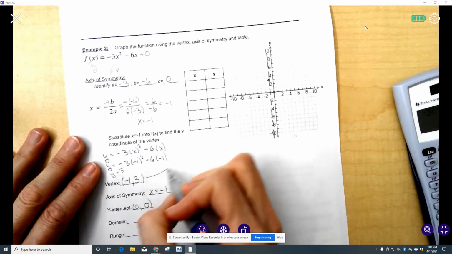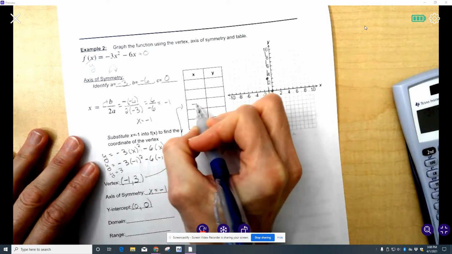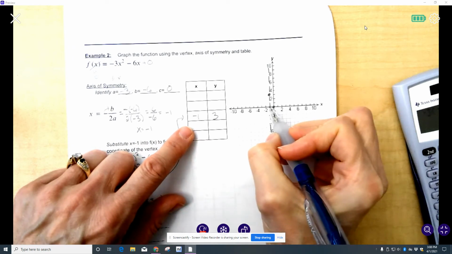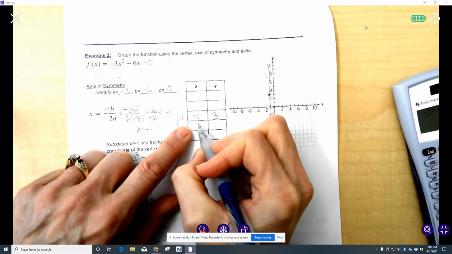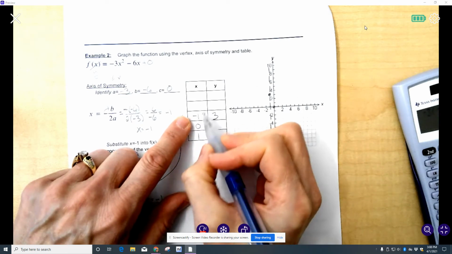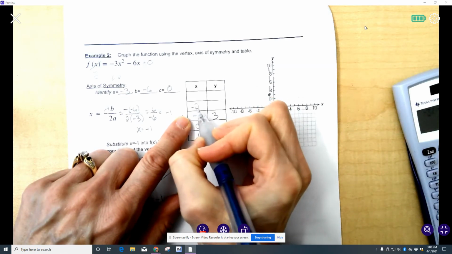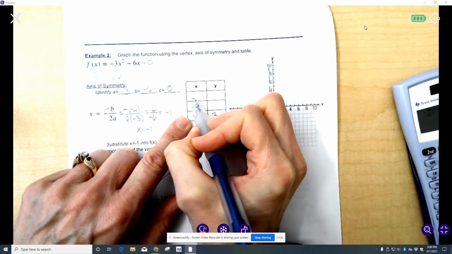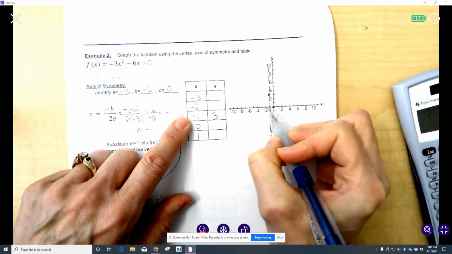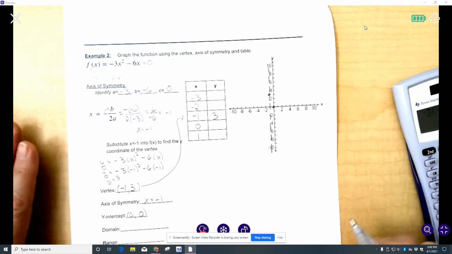Now, again, put your vertex right in the middle of your graph. -1 plus 1 is 0, plus another 1 is 1. -1 minus 1 is -2. Minus, again, is -3. Again, I want to pick x values on either side of my axis of symmetry right here.